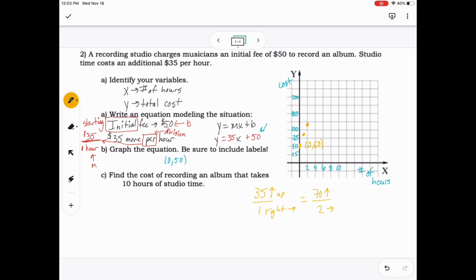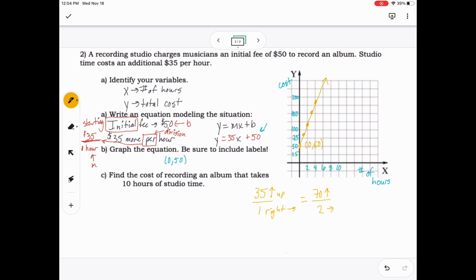So 35 up puts us at 155, comma 1. So it's about right here. Okay, so we'll mark that one. Okay, and then the same thing, another 35 up would be at 180. Unfortunately, we don't have very good points, but that's okay. So we can make our line from there.